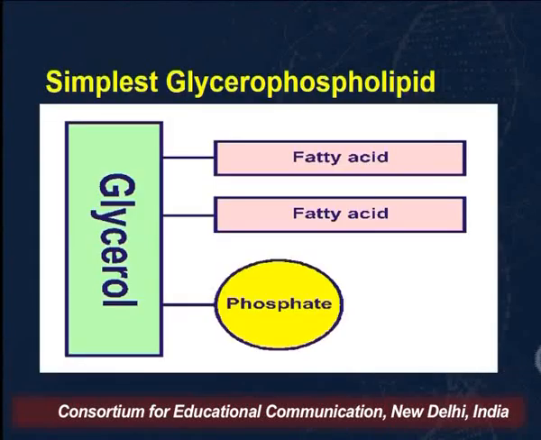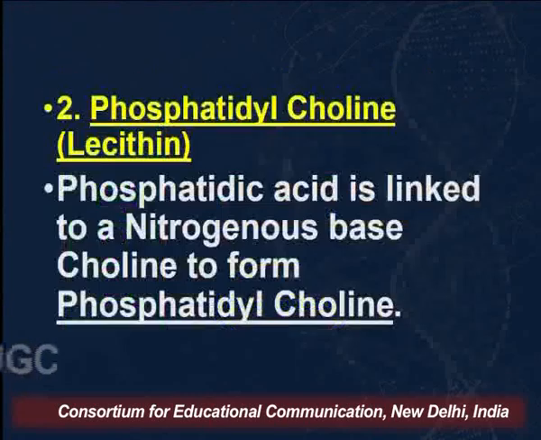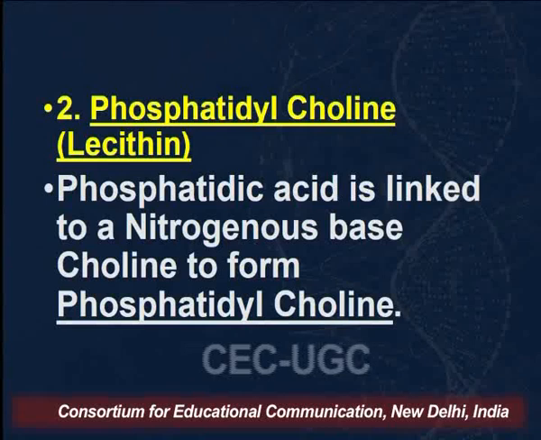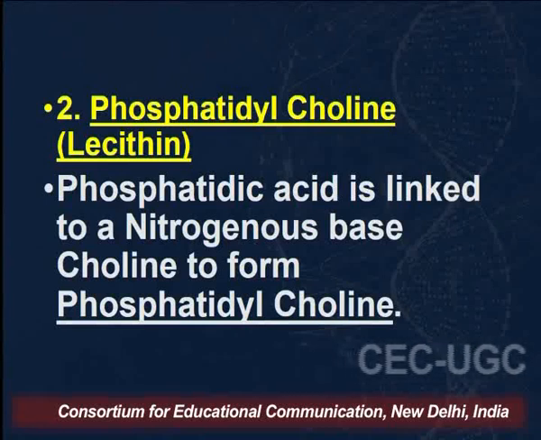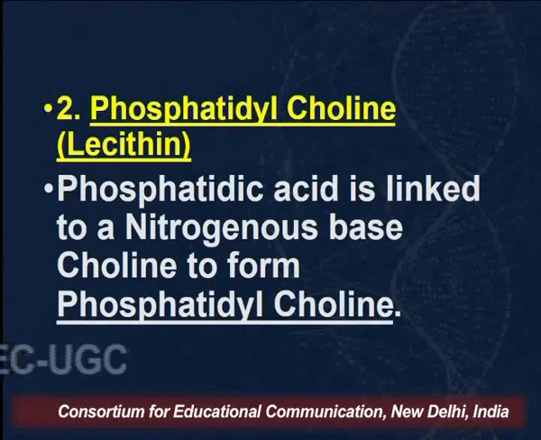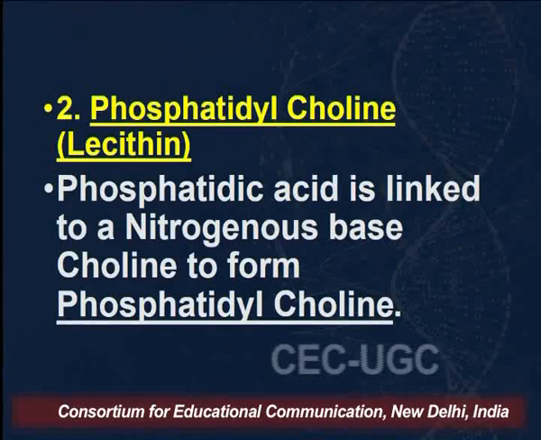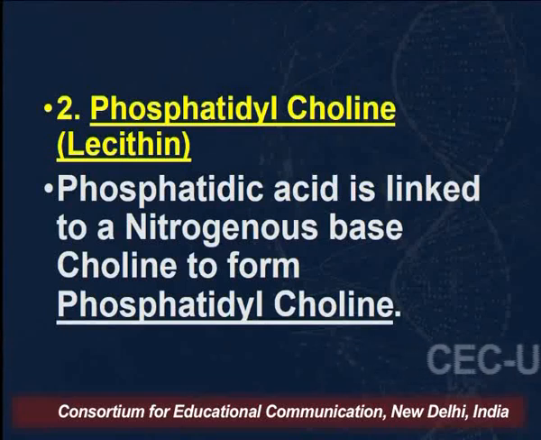Now what you have to remember is that if we replace the H of phosphoric acid with some nitrogenous base, it will give us derived phospholipids. The first derived phospholipid that I would like to discuss with you is phosphatidylcholine, which is also known as lecithin. In lecithin, phosphatidic acid is linked to a nitrogenous base, choline, to form phosphatidylcholine.